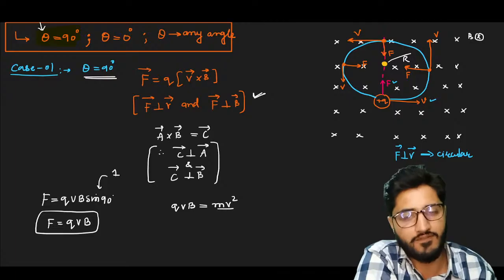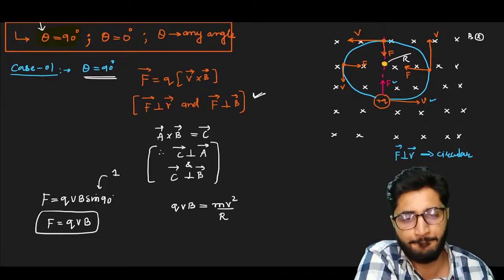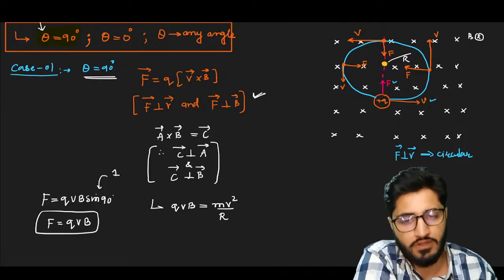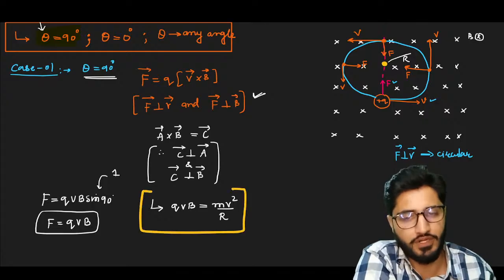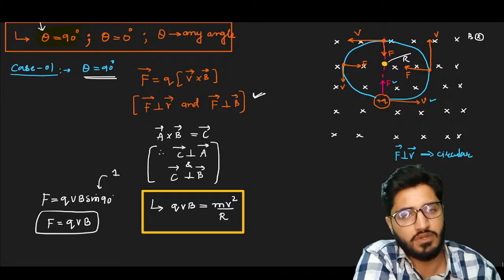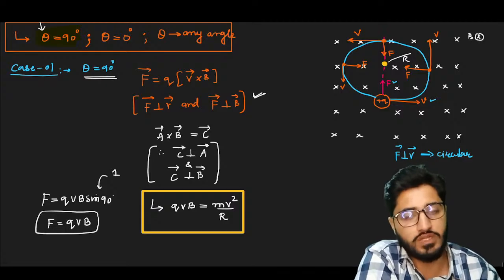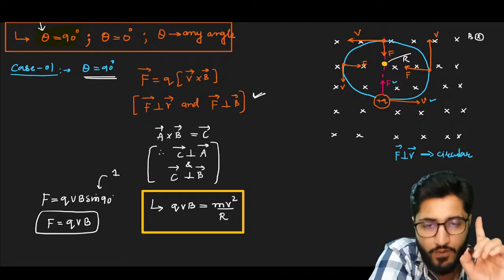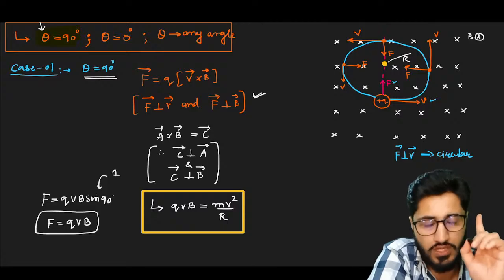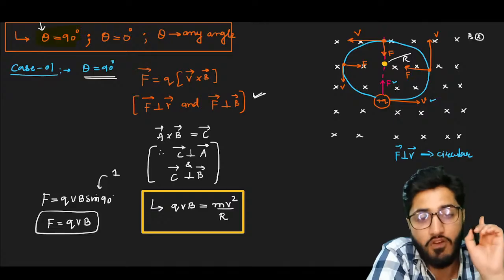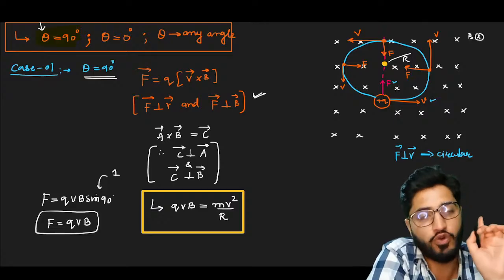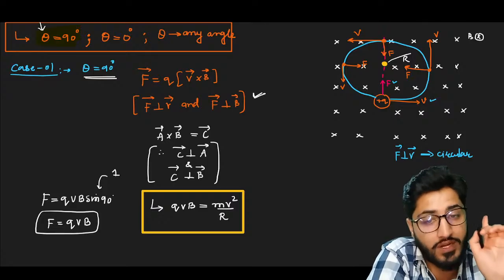So I can write mv square by r. This equation is important. Why, sir? Because by this equation we conclude that due to this magnetic force only, we are getting a centripetal force. That means a force which is responsible for the circular motion.